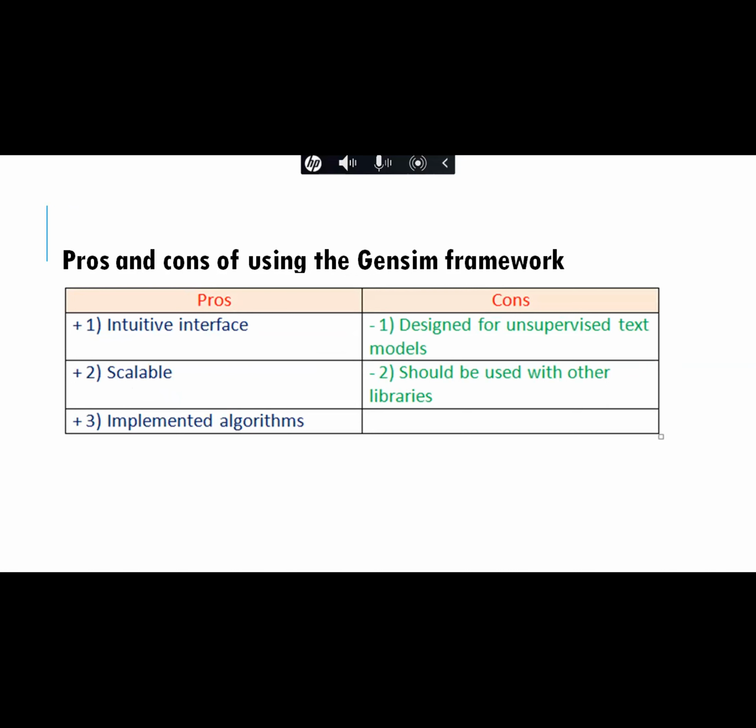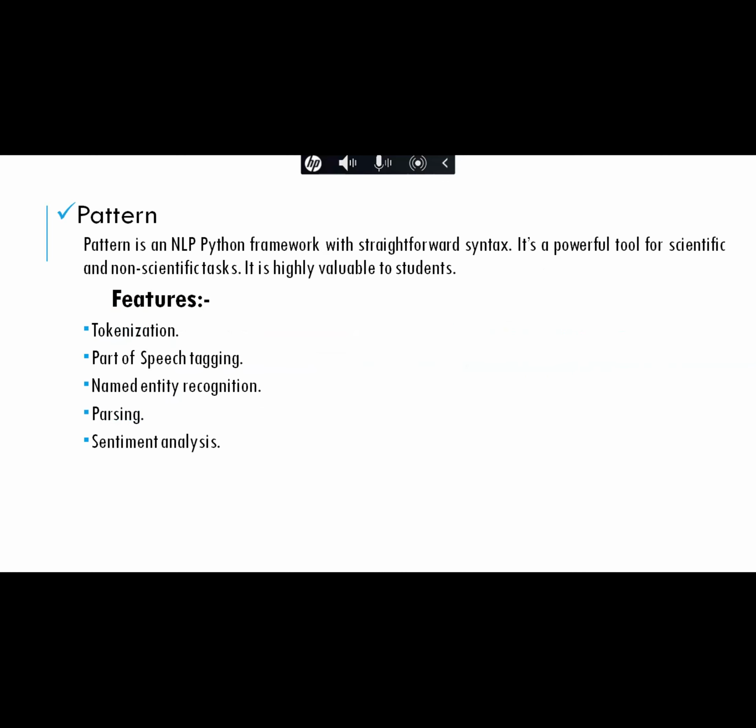The disadvantages are that it is designed for unsupervised text models and should be used with other libraries. Then Pattern, with straightforward syntax, is powerful for scientific and non-scientific tasks. It is highly valuable to students, and the features are tokenization, part of speech tagging, named entity recognition, parsing, and sentiment analysis.